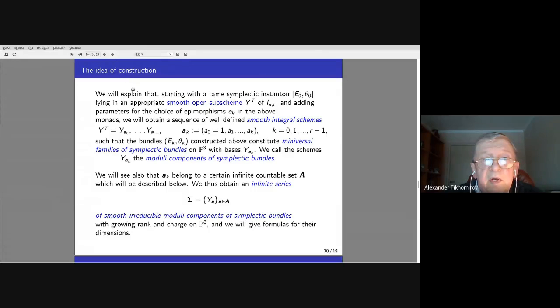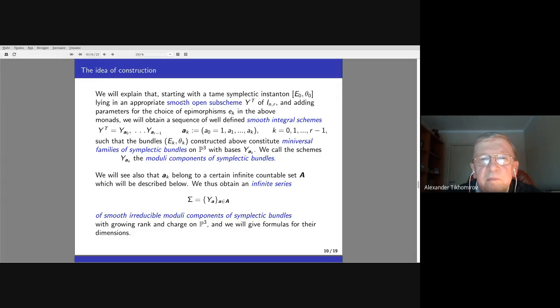So starting with a tame symplectic instanton, we first distinguish a certain open subscheme. Let me denote it by Y_T of this irreducible algebraic space I_{n,r}.